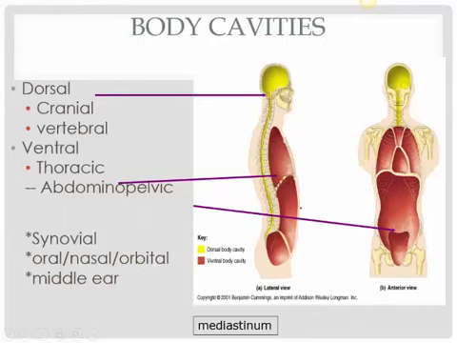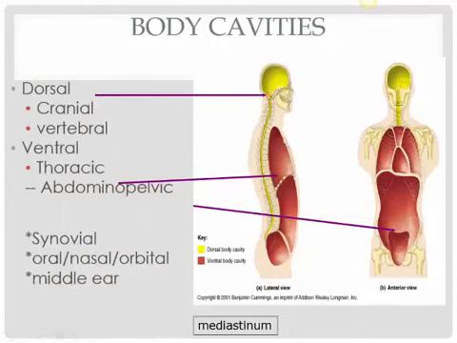Next, after knowing all this terminology, let's go further inside. Now we're going inside the body, and we find that there are a lot of cavities which house important structures. Some of these cavities are extremely well protected, others not so much. So let's look at two major divisions.